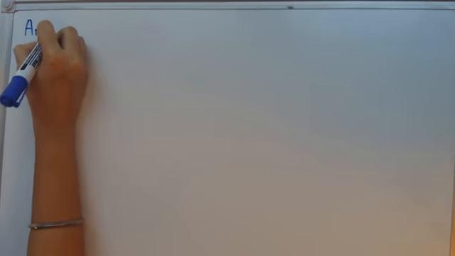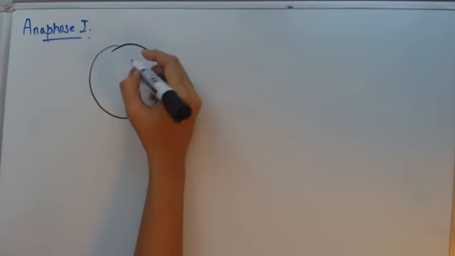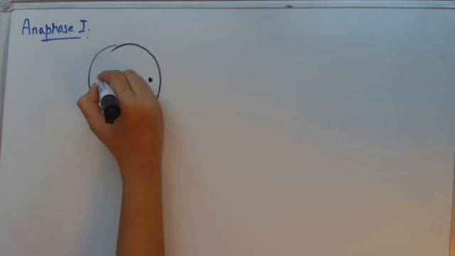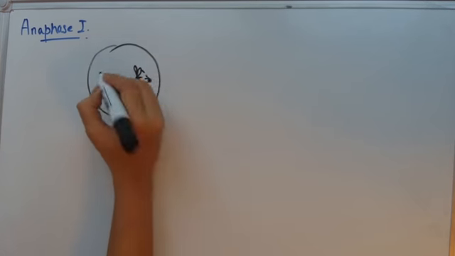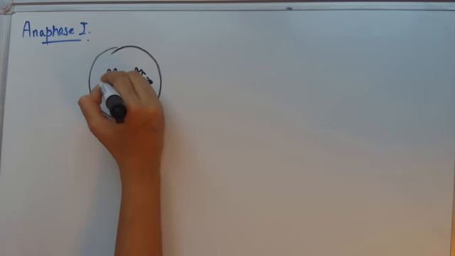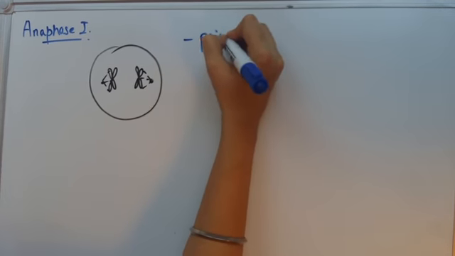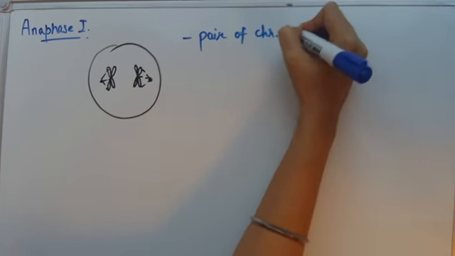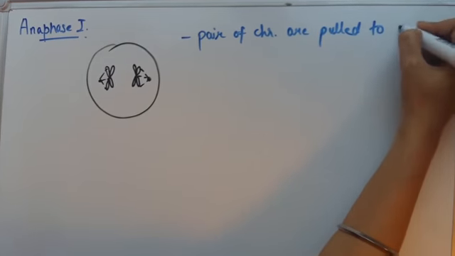The next phase of meiosis 1 is anaphase 1. In this phase, this is the centrosome, and a chromosome of the pair is pulled towards one end by this centrosome, and the other chromosome by the other centrosome. So the general points are: pairs of chromosomes are pulled to opposite poles.